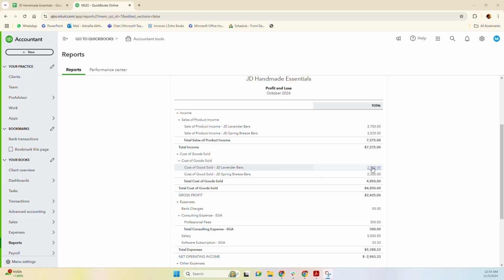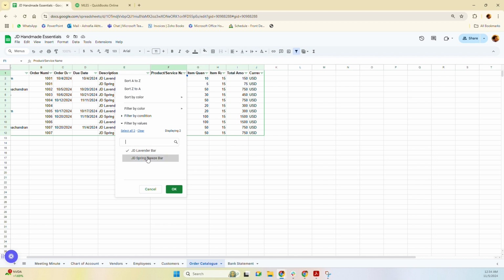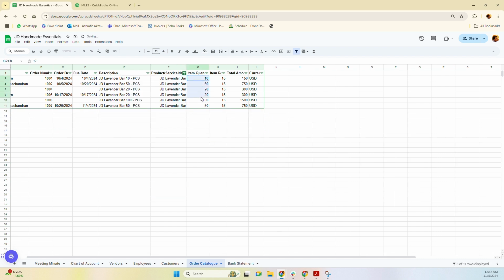Let's validate this amount against our order sheet. Let's go to our order catalog here. Here we can see all the products we have sold. So we have sold lavender bars in total. How many bars? Let's filter it out. So we have sold in total 250 lavender bars. If we multiply it by their cost price, which is 10, the costing of the sold goods is 2500.